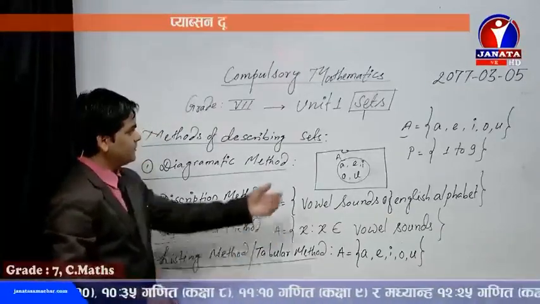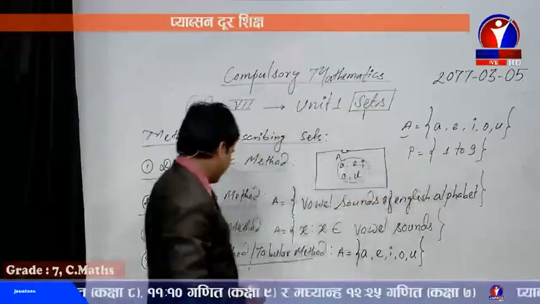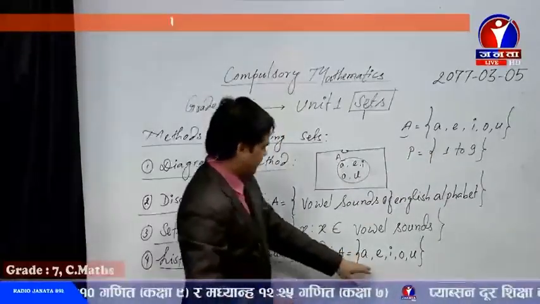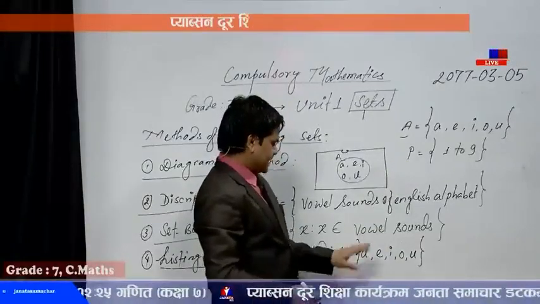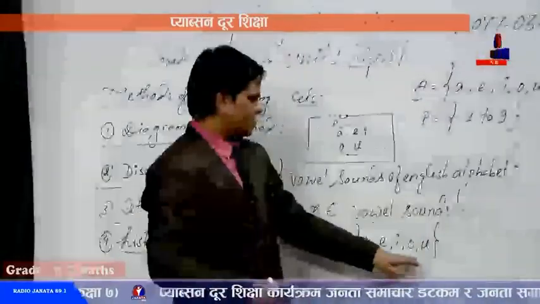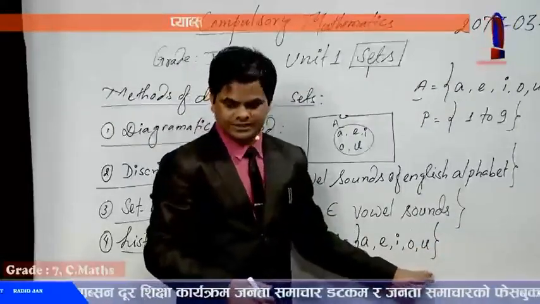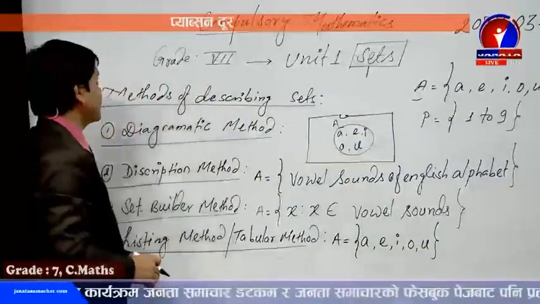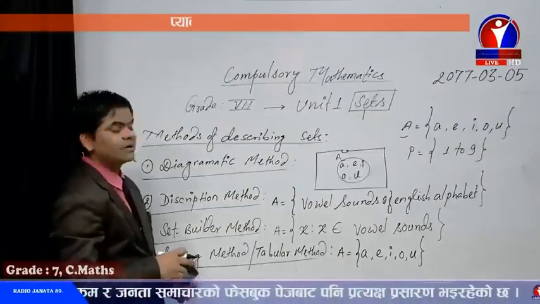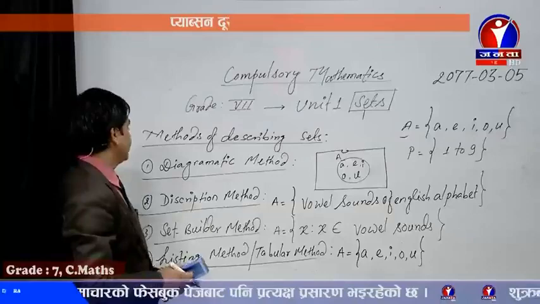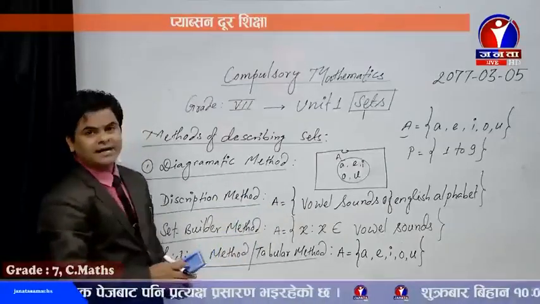In this case, you can write A equals, or P equals, curly bracket 1, 2, and so on up to 9. So these are the ways of describing the different information collected inside a set. And now let's go to another topic.